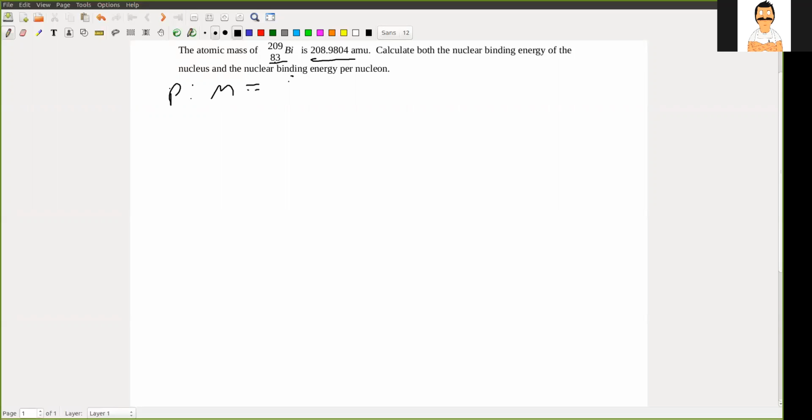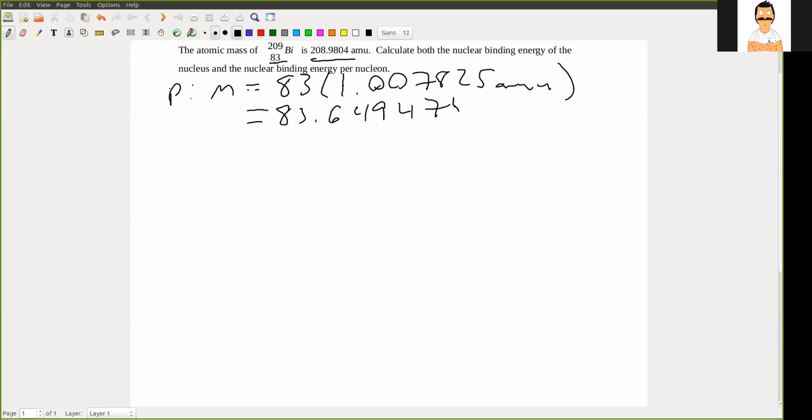That's equal to 83, because there's 83 protons, times the mass of a single proton, which would be 1.00785 AMU. And if you work through that summation, you get that the total mass from the protons is 83.649475 AMU.